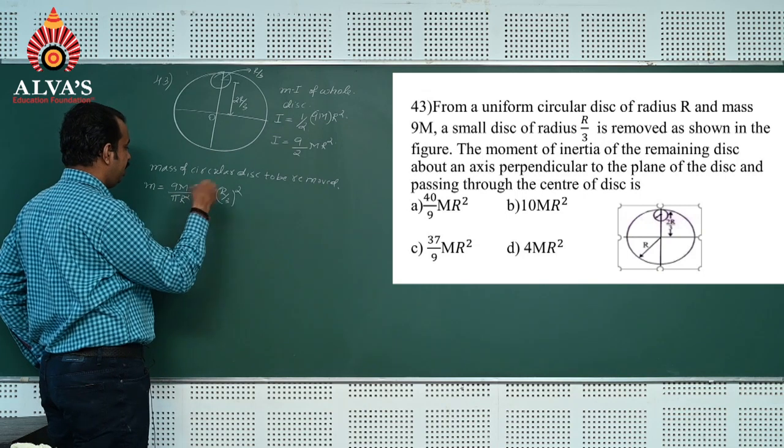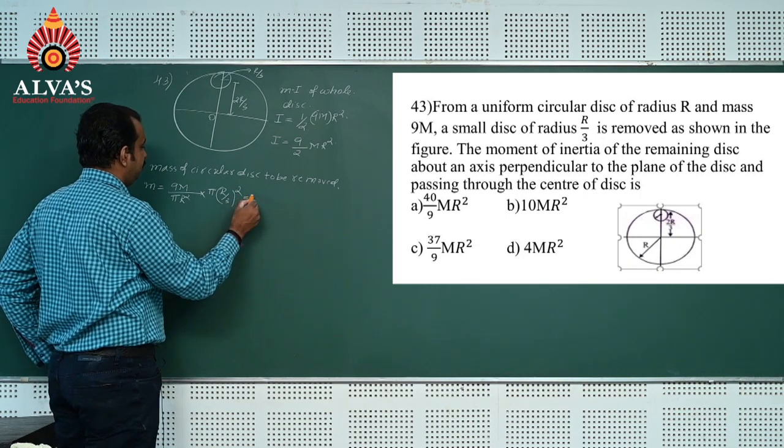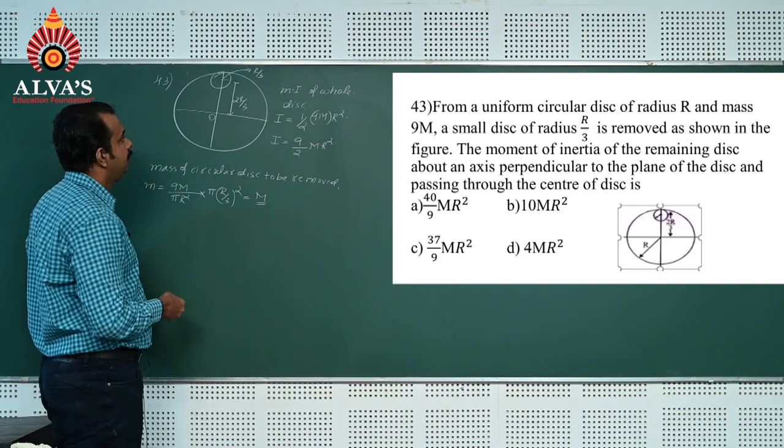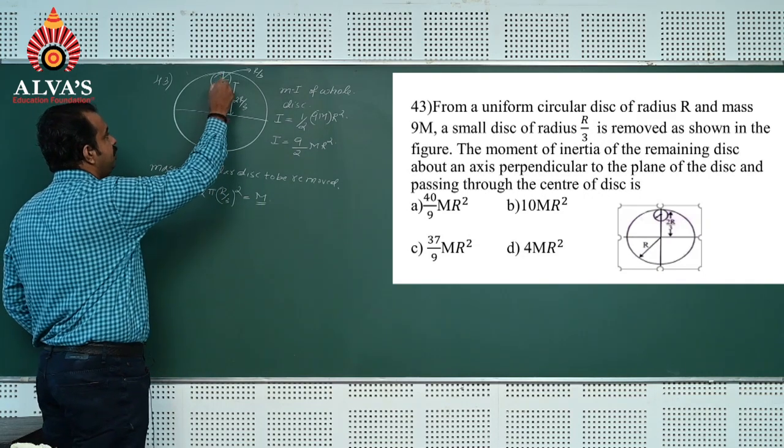Pi gets cancelled, r square gets cancelled, so the mass of the circular disk to be removed is m only.